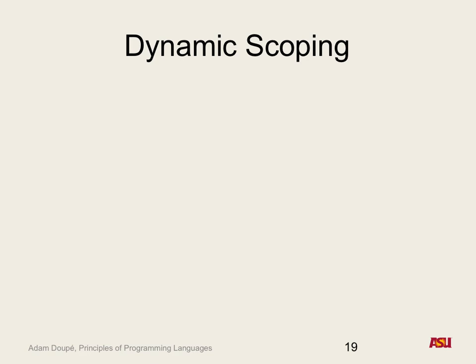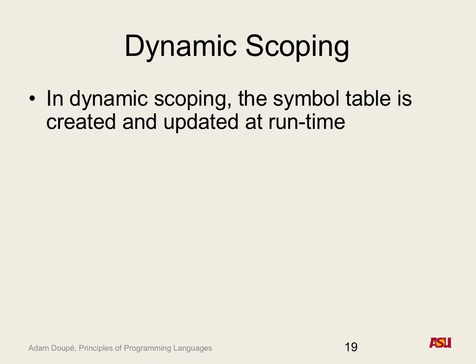So instead of static scoping, you can actually have dynamic scoping. And the idea is the symbol table, which maps names to declarations, is created and updated as the program executes at runtime. So as the program is executing, as new blocks and new scopes are being entered, the symbol table is being dynamically created.